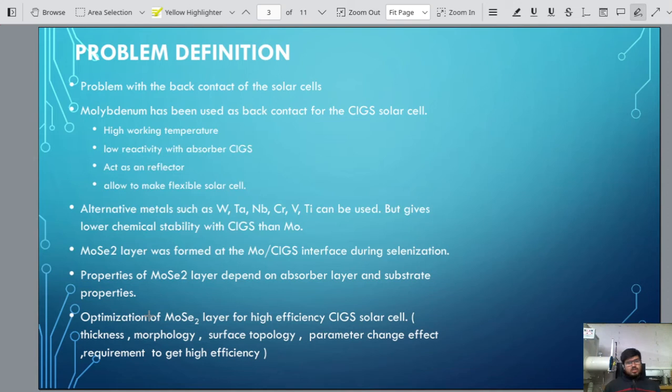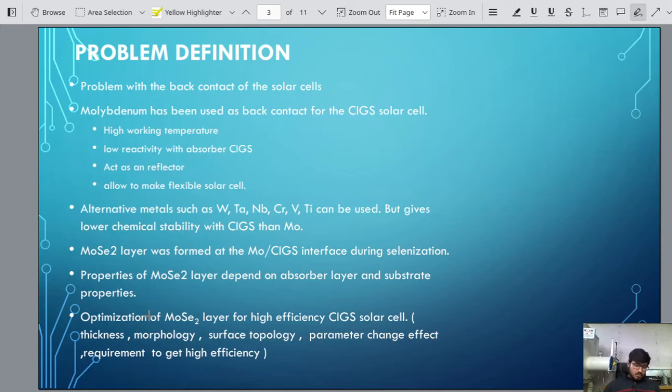The MoSe2 layer was intrinsically formed after the post processing of CIGS, that is, selenization of the CIGS layer. Selenization is the process of annealing the CIGS layer in a selenium atmosphere.